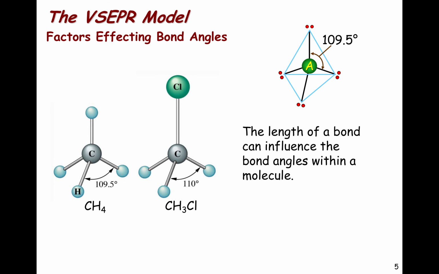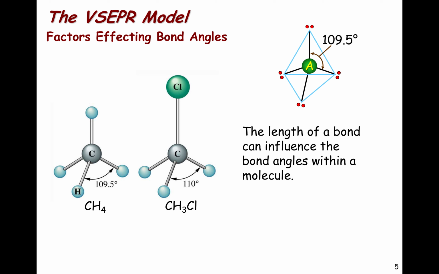However, if we don't have all the same atoms, say in something like chloromethane, for the 3 regions that involve bonds to the hydrogens, since hydrogen is quite a bit smaller, the carbon-hydrogen bond length is quite a bit smaller than the carbon-chlorine bond length.